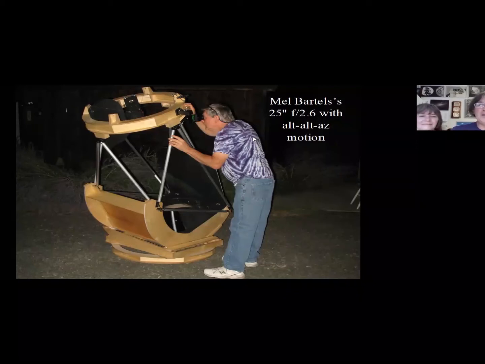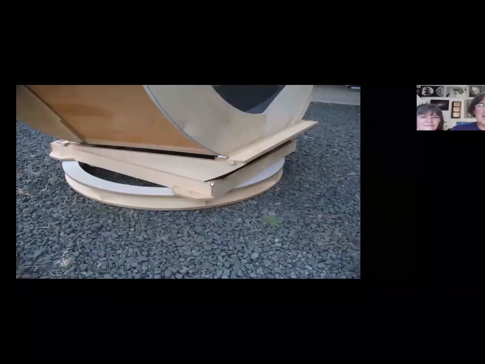Notice how Mel is hunkering down a little bit to look into the eyepiece of a 25-inch telescope pointed near the zenith. I think that is pretty cool, especially when you realize that that telescope is resting on something new down here, something a little bit extra, and that is what he calls an alt mount, in that the normal telescope motion, it slides around on the rocker in azimuth or in altitude using this bearing.